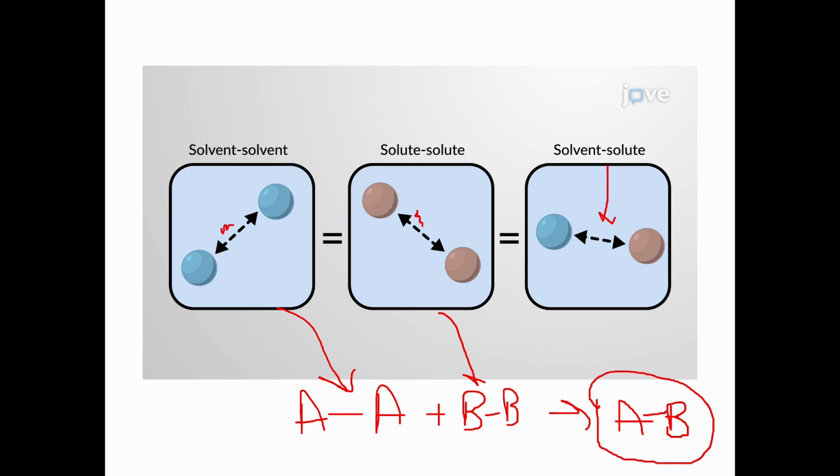The same amount of energy it took to break the bonds in A and in B is the same amount of energy it takes to form the bonds in the A to B mixture. And that is what makes it ideal.